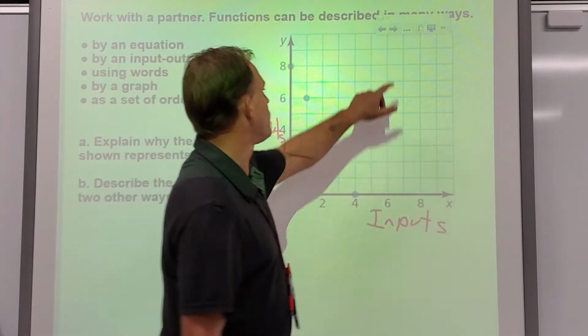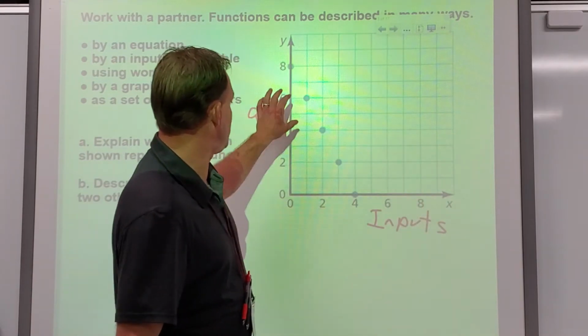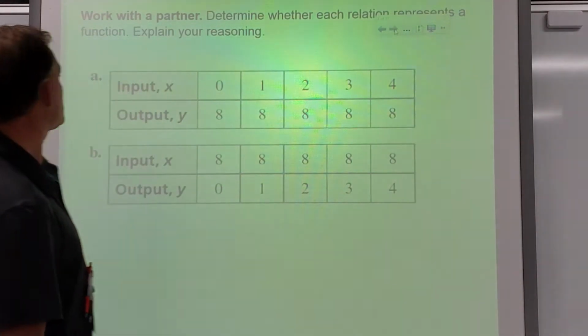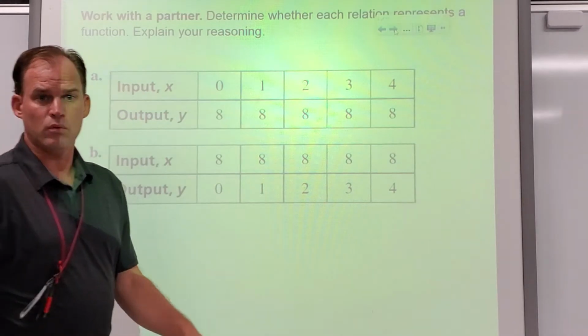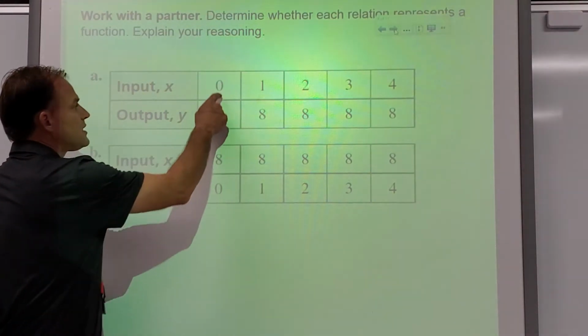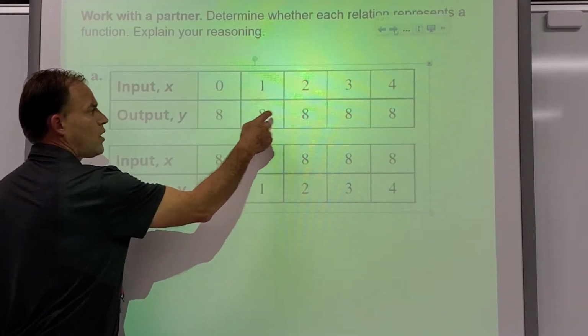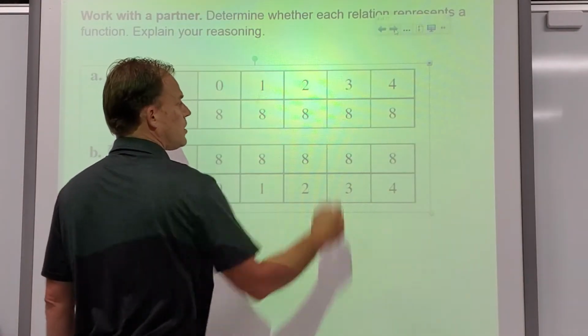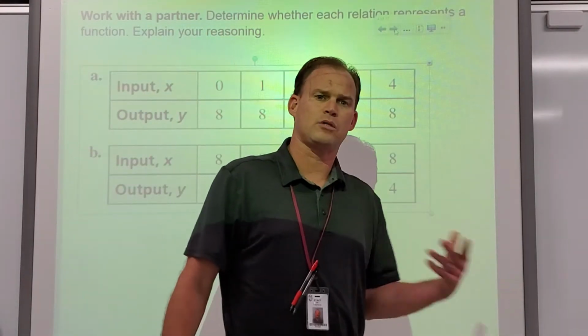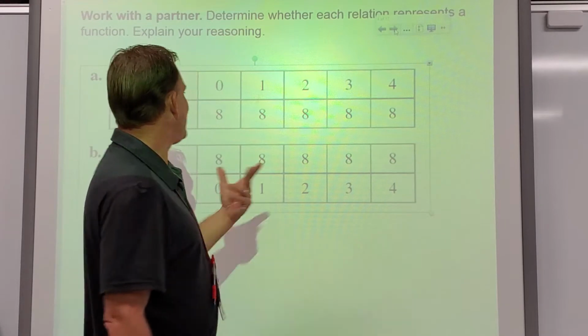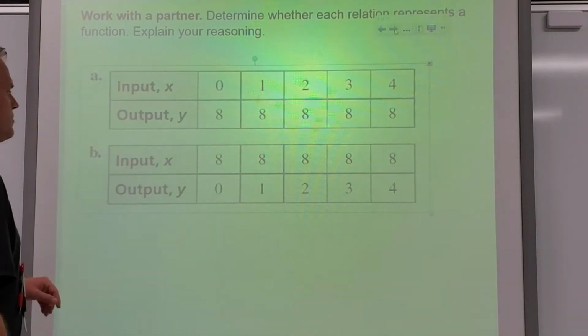We'll get into it a little bit more, but I want to talk about the inputs and the outputs. So, looking at it as a table. This means if I plug in 0, I get 8. If I plug in 1, I get 8. If I plug in 2, I get 8. If I plug in 3, if I plug in 4, they all come out to be 8. Is that a function?